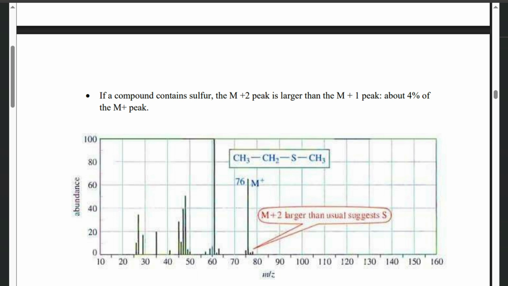Normally, if it's not isotopic, the M plus 1 is always a little bigger than the M plus 2. But the moment you see that the M plus 2 is larger than the M plus 1, it's most likely telling you that the compound contains sulfur, right?